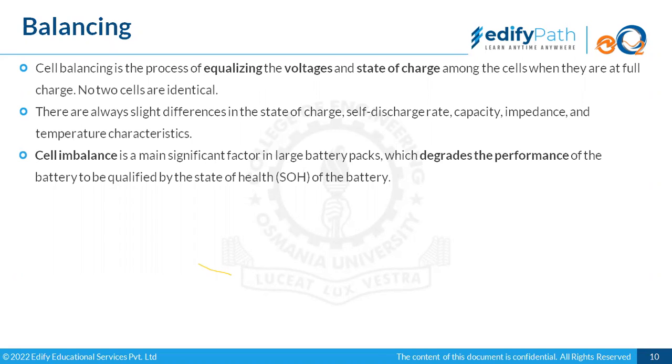What happens with utilization and specific conditions is that this equilibrium in the battery gets disturbed with time.